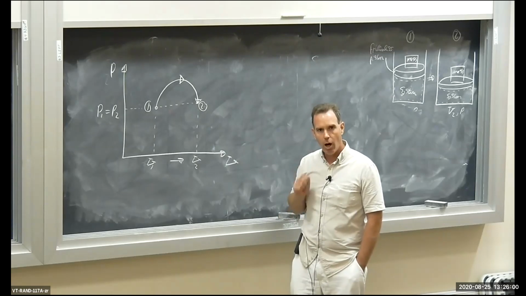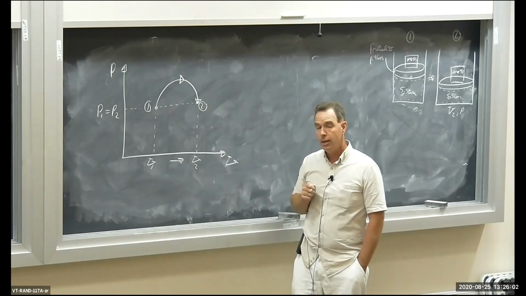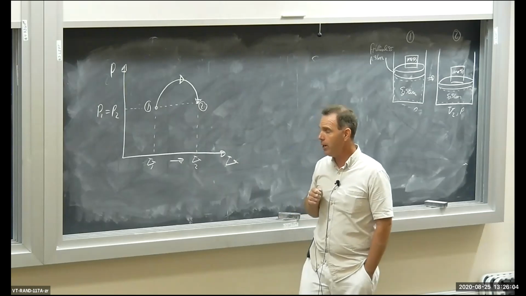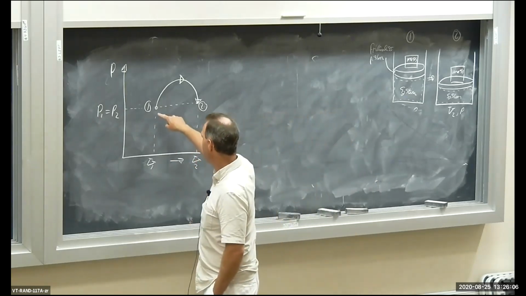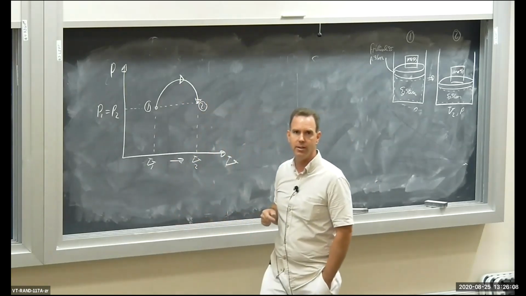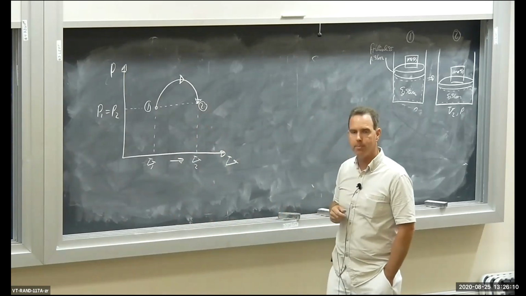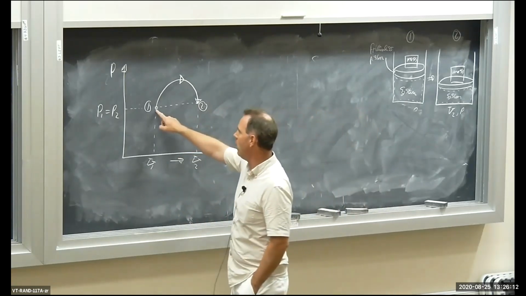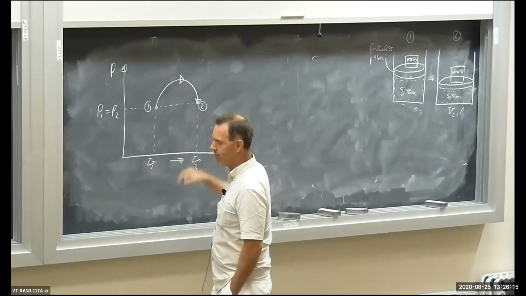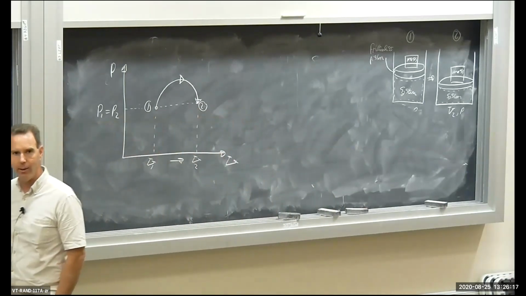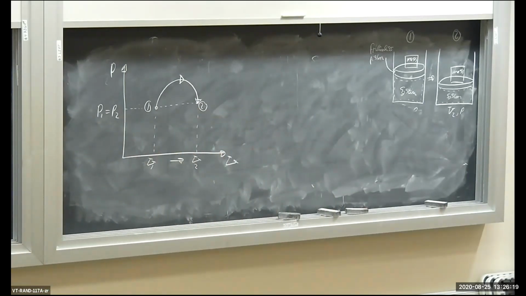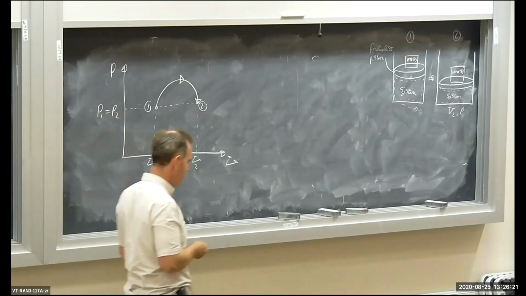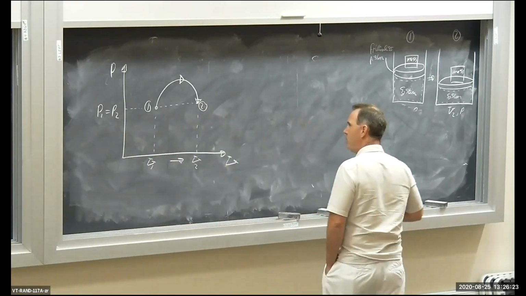Isobaric means constant pressure. The answer is no. This is not an isobaric process. Pressure is changing along the path. So it's not an isobaric process. Just because your starting and final value for pressure is the same does not imply automatically that it's an isobaric process. Okay? Here's another one.